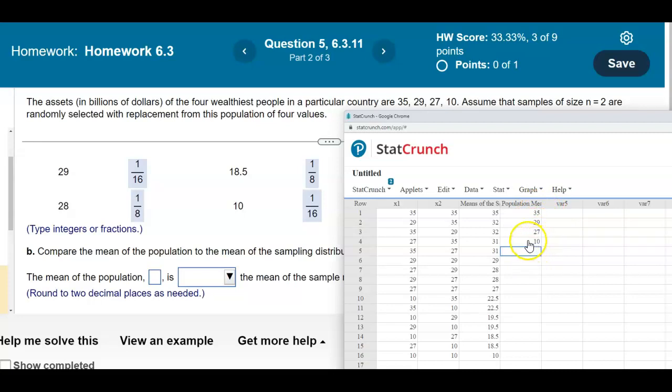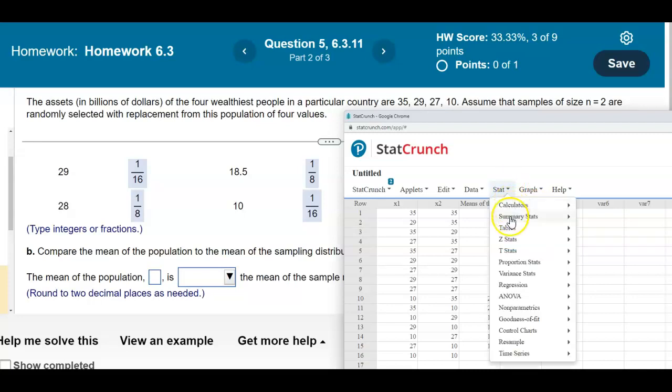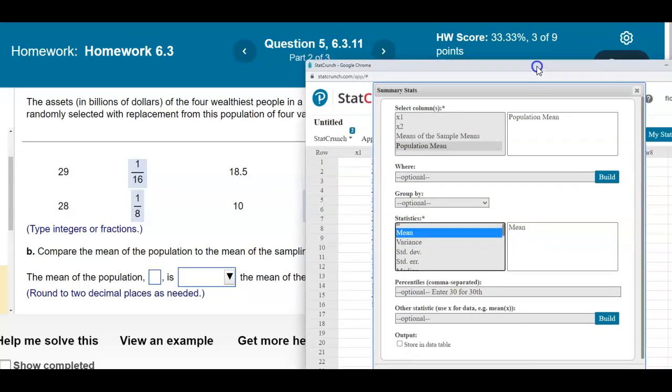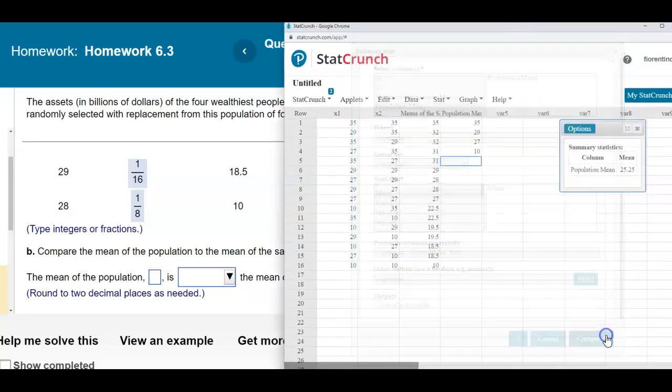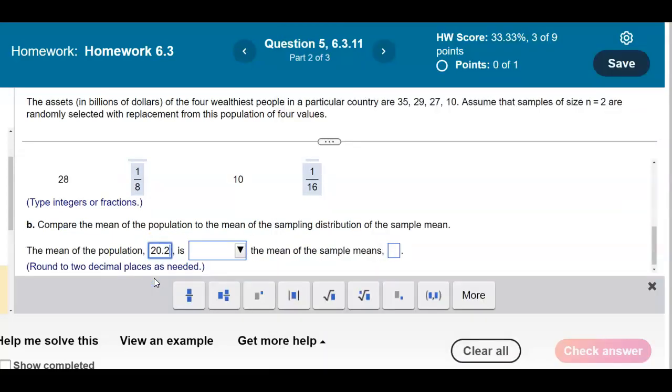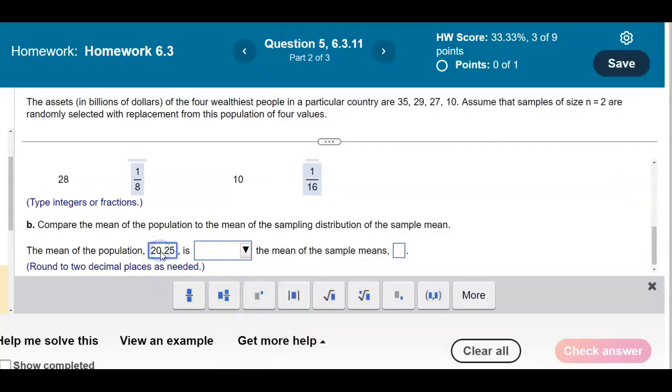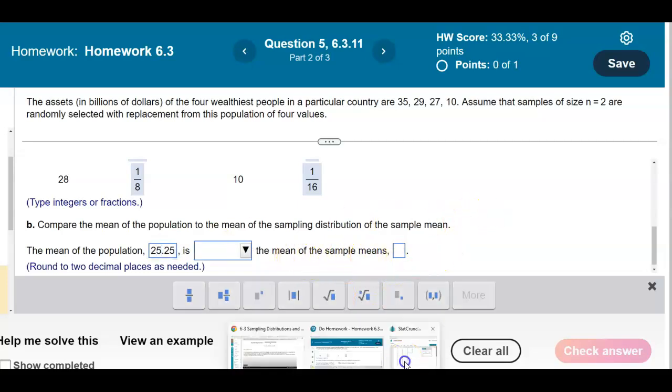We go to Stat, select Summary Stats, and then Columns. We select Population Mean, select Mean, and then compute. We get a mean of 25.25, and it says to round to 2 decimal places.